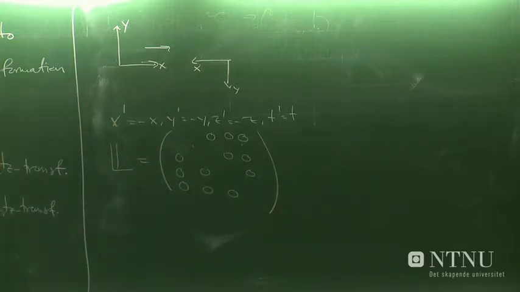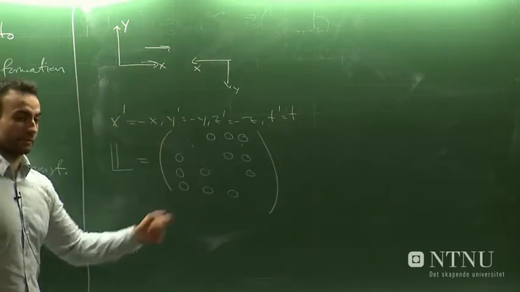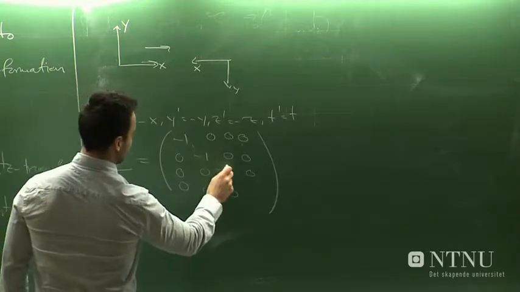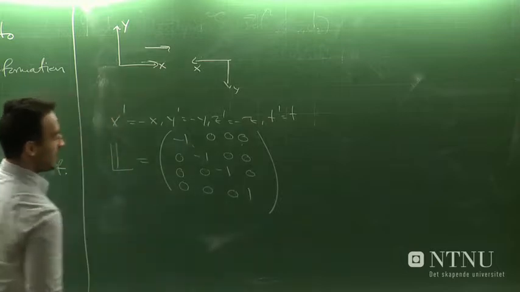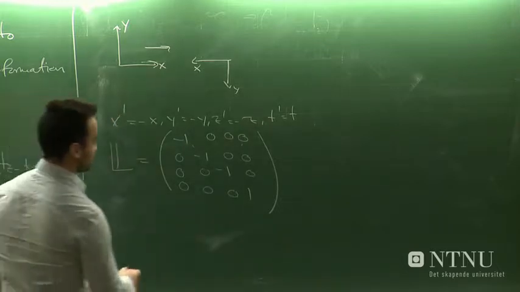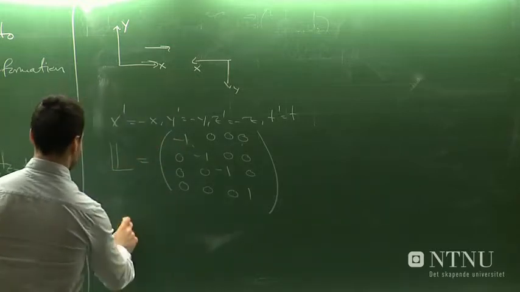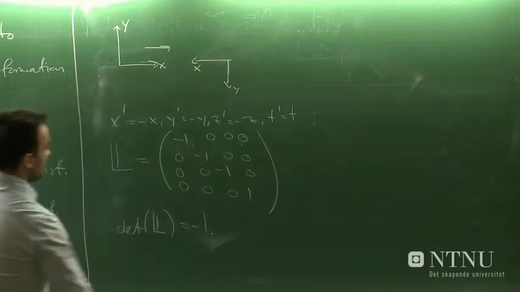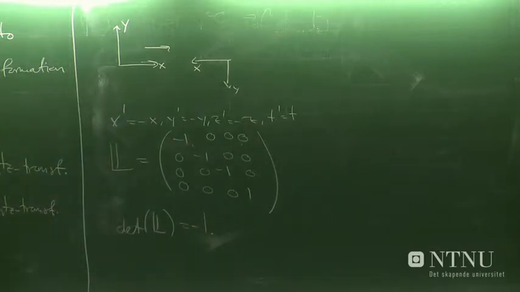So something like this. So the question is, what is on the diagonal? It's -1, -1, -1, and then 1. And the determinant of this matrix is -1. Exactly. So inversion of the space axis gives us an improper Lorentz transformation.